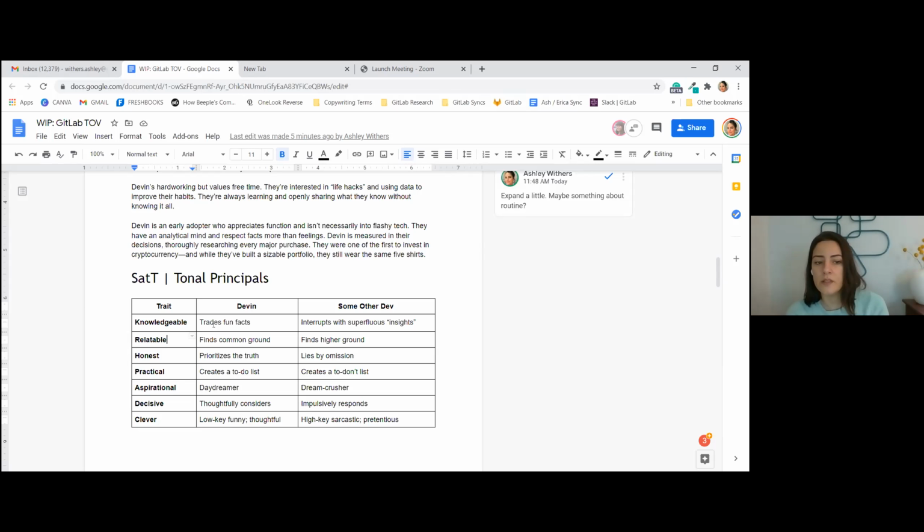And then clever, this is part of where I was saying, let's call that out, because that's something a little, not quite quirky isn't the word I want to use, but something where we're infusing a little bit more personality. So Devon is low-key funny and thoughtful, whereas some other dev is high-key sarcastic and pretentious. When I think of what clever could be, I look at that social example that Becky or the social team had included in the tone of voice slide, which was, you know, I Need a Hero, that song.